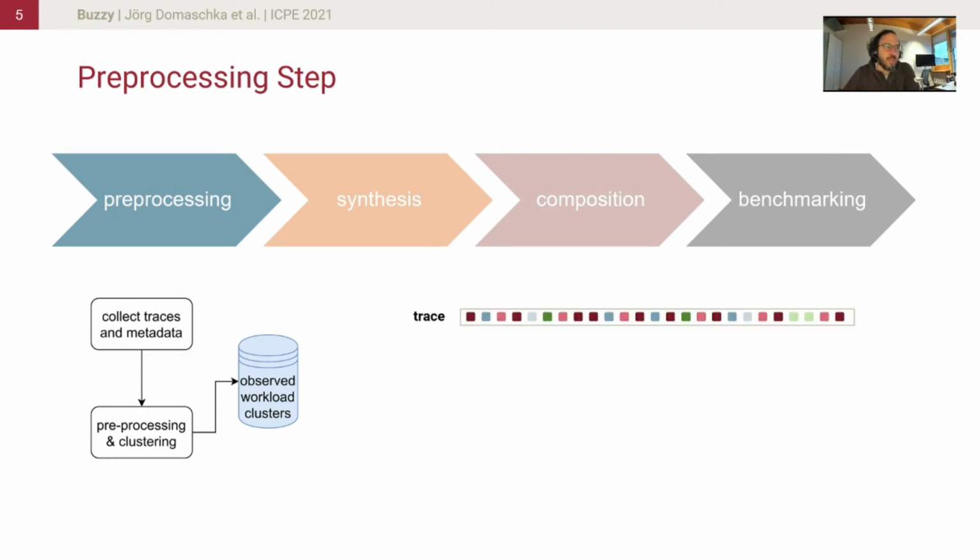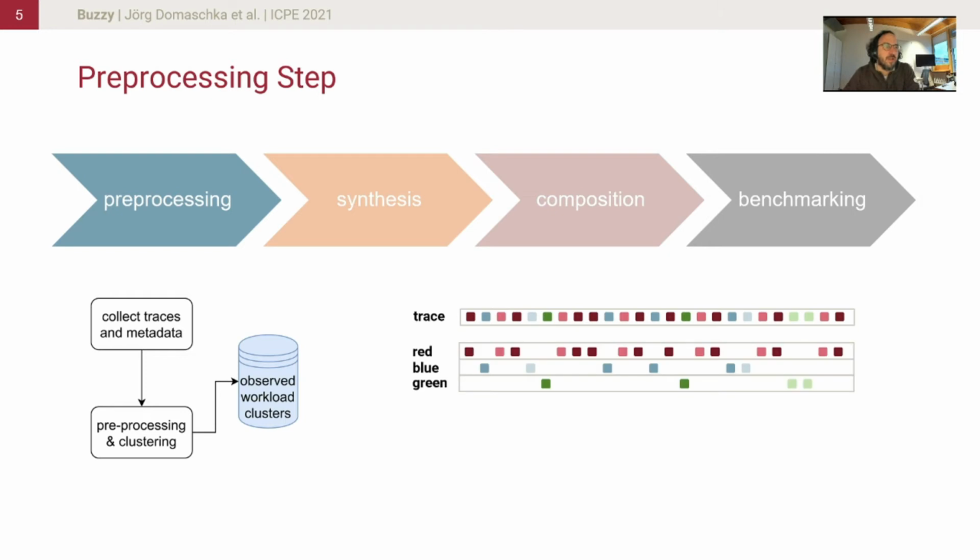Just to give you an example, here we have a trace from different users, indicated by the colors, and we have different types of operations indicated by the lightness of the color, and we could then cluster obviously by the users, red, blue, and green, but we would also be able to cluster that by the color tone, saying dark cluster and light cluster.